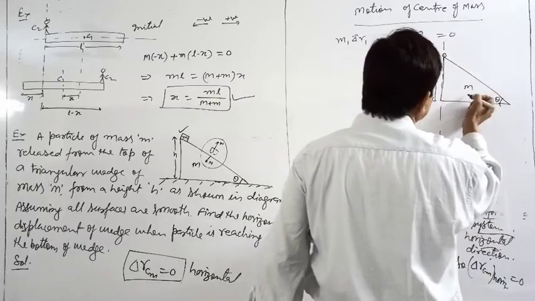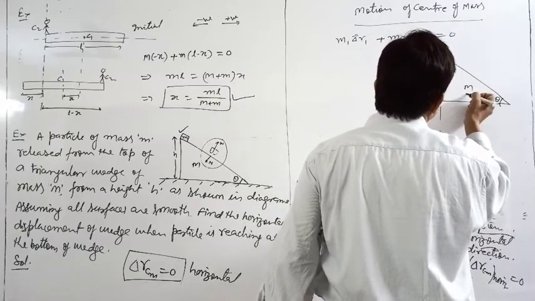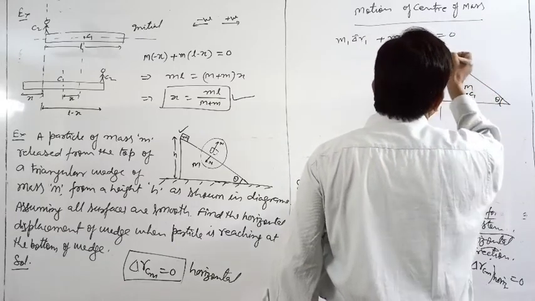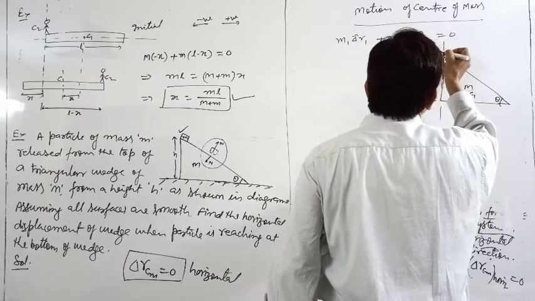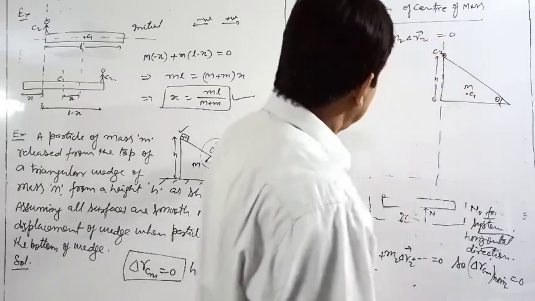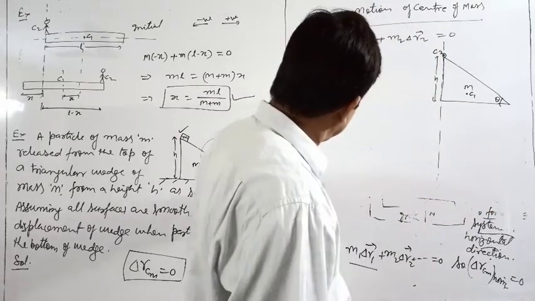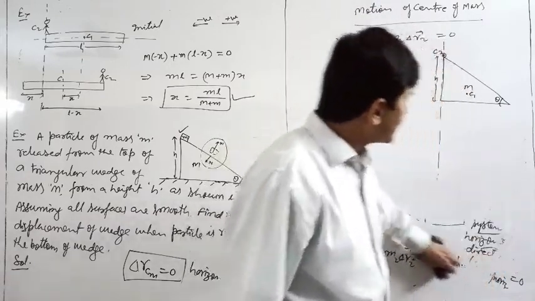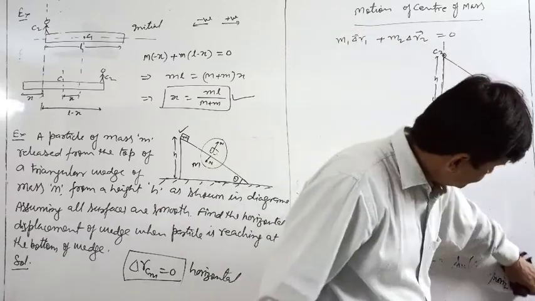The center of mass of the particle, since it is a particle here, we take at the position itself. The center of mass of the wedge we can assume somewhere here, let this be C1, and the center of mass of the particle be C2. These we can assume anywhere.